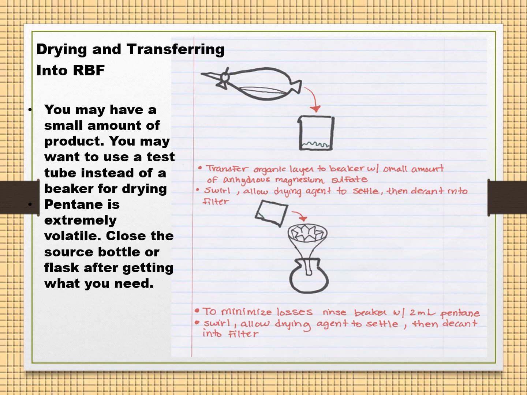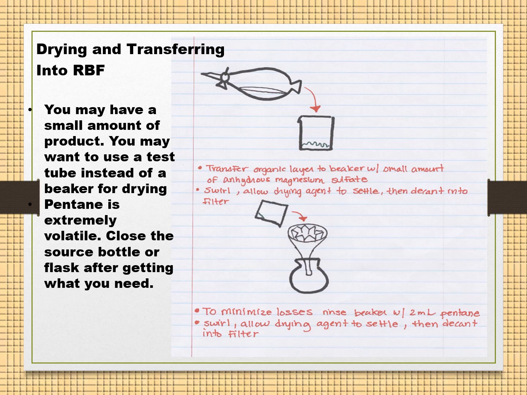But whichever you use, you have to transfer it nicely, and make sure that before you transfer, you have added your drying agent, anhydrous sodium sulfate or anhydrous magnesium sulfate, and then swirl the beaker or the test tube so that the dehydrating agent absorbs the maximum amount of water. And then you can go to filtration.